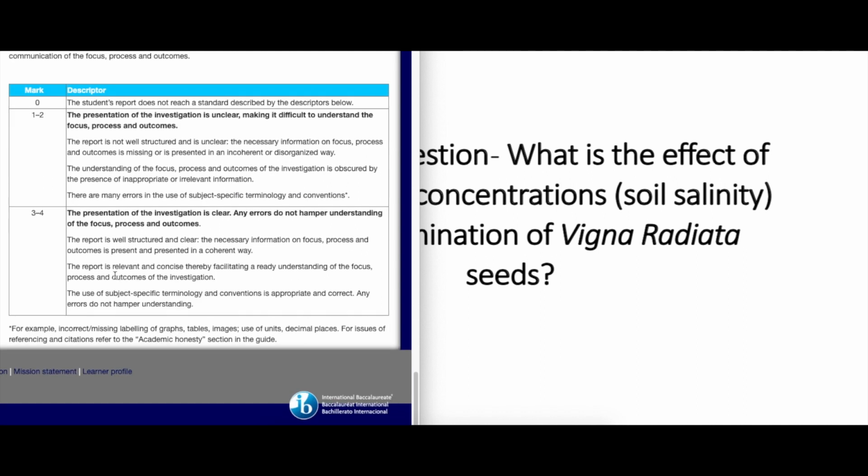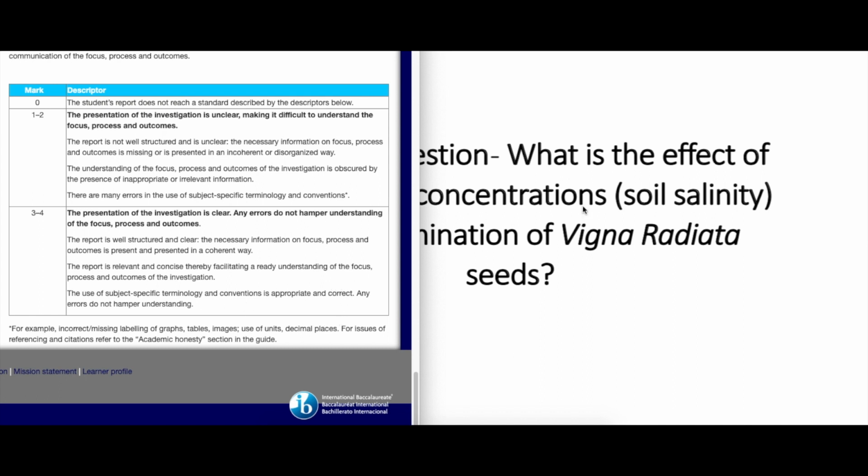And if I go down here to communication, it says that to get the 3 or 4 maximum for this band, the presentation of the investigation is clear. Any errors do not hamper understanding of the focus, process and outcomes. That's true, it's not hampering my understanding, but the use of subject-specific terminology and conventions is appropriate and correct.